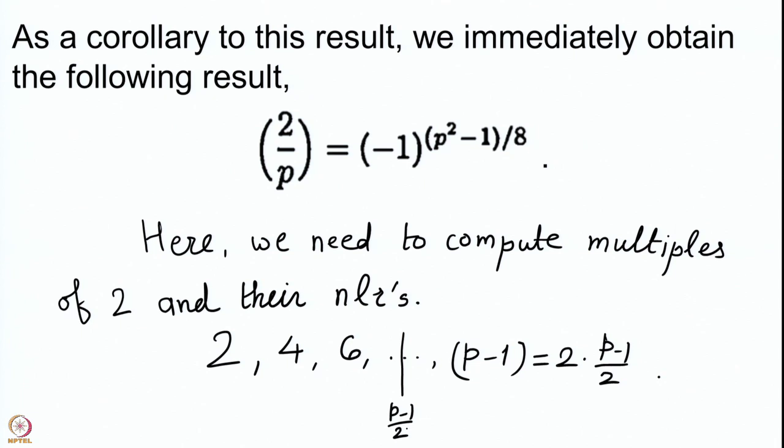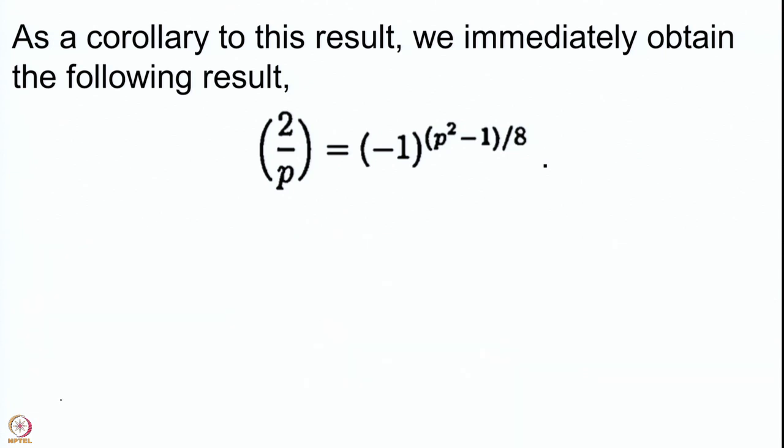So, what we are going to do is to see how many of these multiples are less than (p minus 1) by 2 and how many of these multiples go beyond (p minus 1) by 2. So, this is the computation that we have to do, and so we are going to obtain the quadratic reciprocity law for 2, the Legendre symbol 2 by p. This is going to be computed using Gauss lemma, and for that we need to compute.